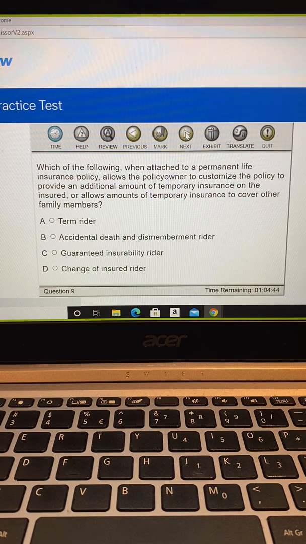Okay, next. Which of the following, when attached to a permanent life insurance policy, allows the policy owner to customize the policy to provide an additional amount of temporary insurance on the insured, or allows amounts of temporary insurance to cover other family members?